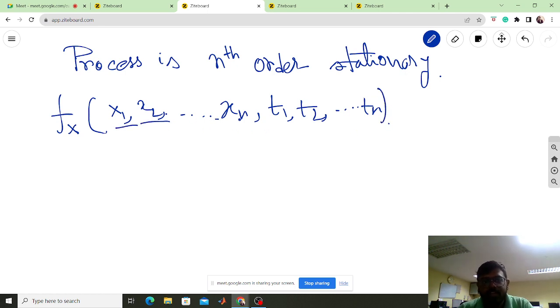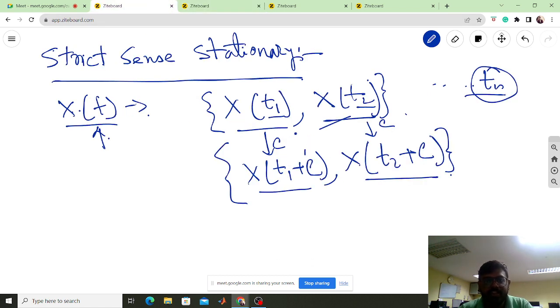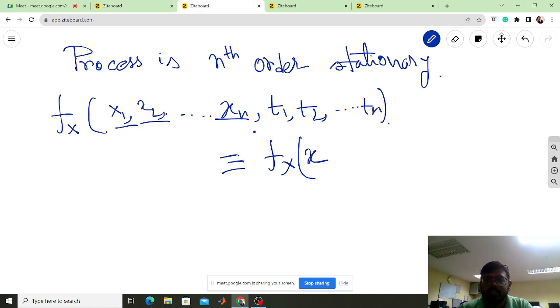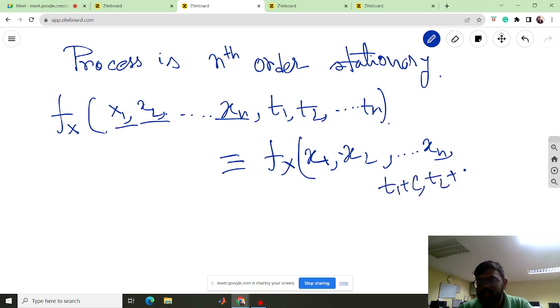So basically this is equivalent to taking the same random variables x1, x2, dot dot dot, xn, at their time shifted versions t1 + c, t2 + c, dot dot dot, tn + c, for any c.